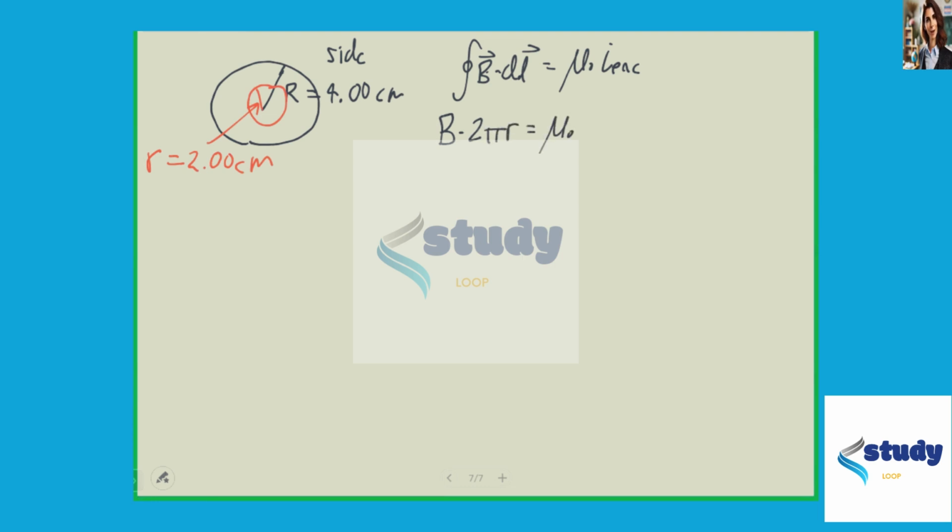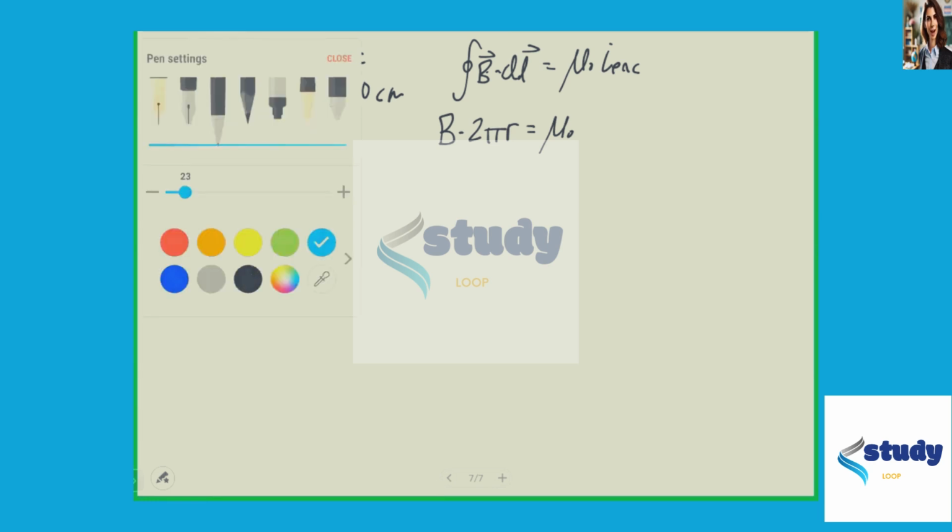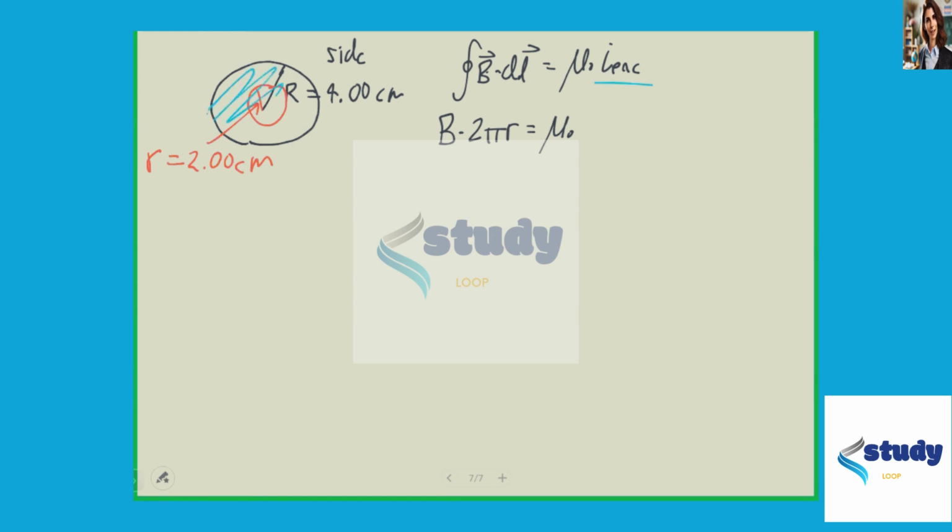The whole point is that the current is distributed across the entire surface of the plates of the capacitor. So the question is, what fraction of that current is just in this chunk? That's I enclosed.